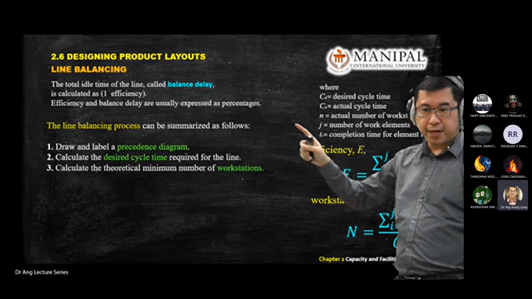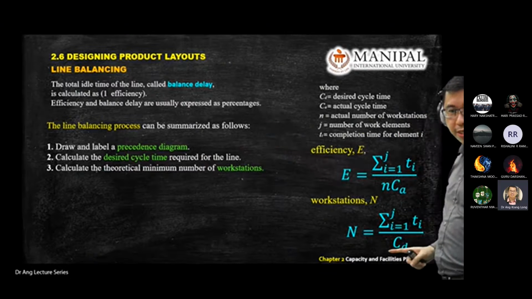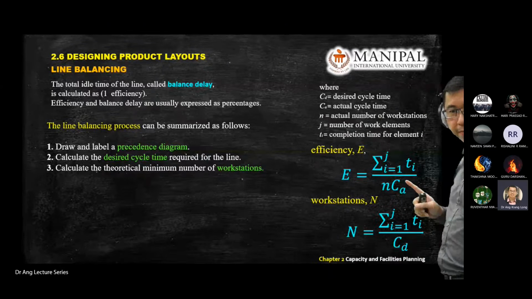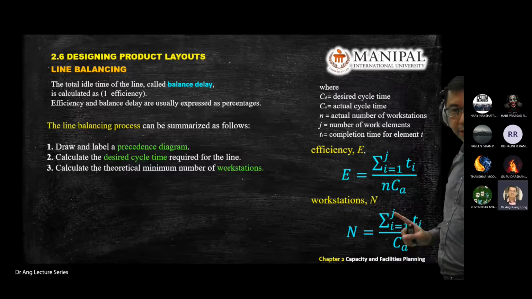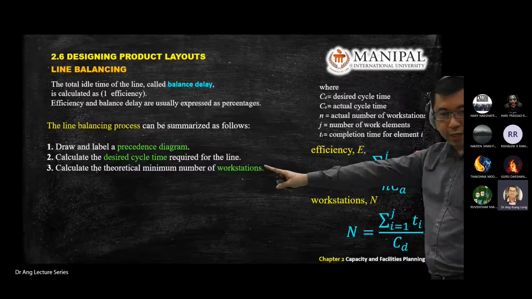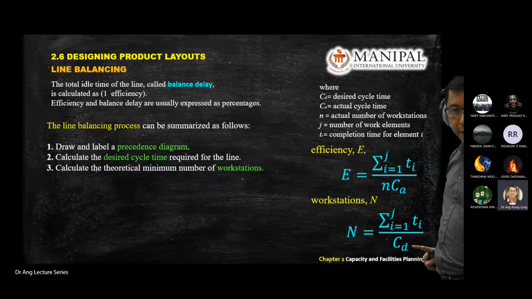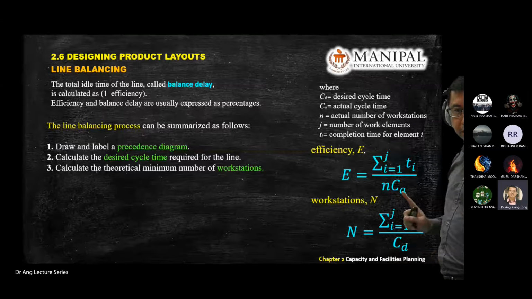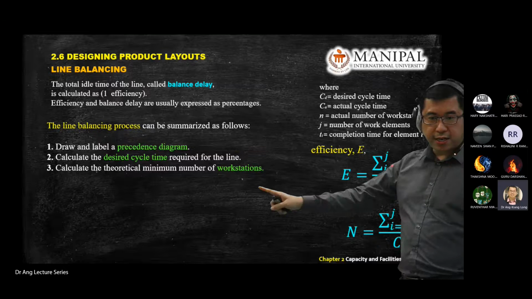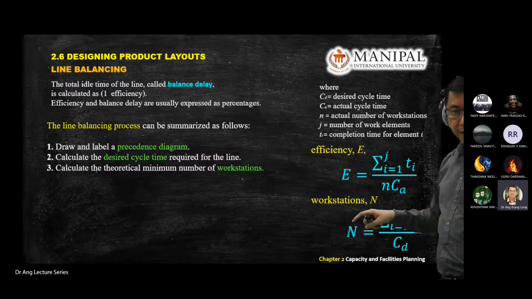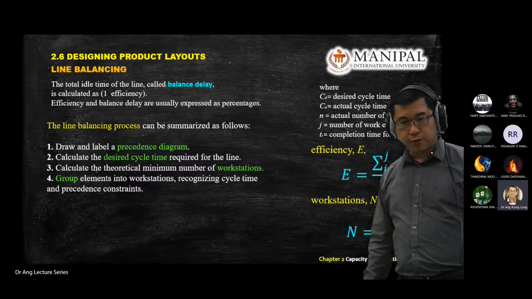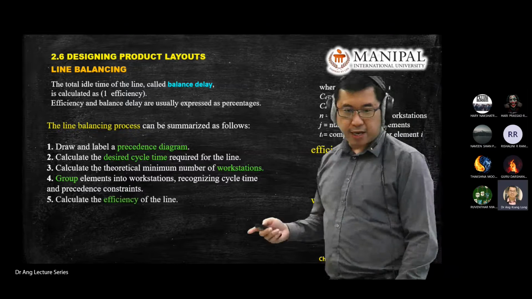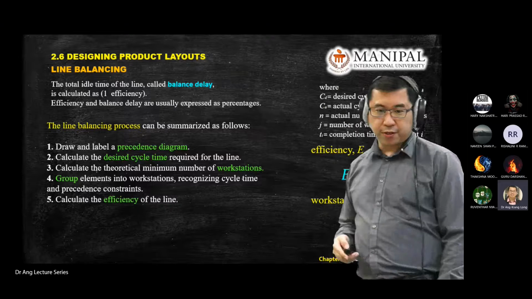Basically, you do line balancing. You are using this equation, going to find the missing parameter, right? You find the CD first. Then you draw the diagram so that you can calculate your CD and your CA. Then after that, you find the N and E. Okay, you group them together and you find the efficiency, right?